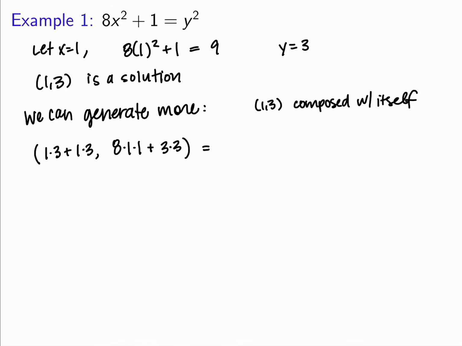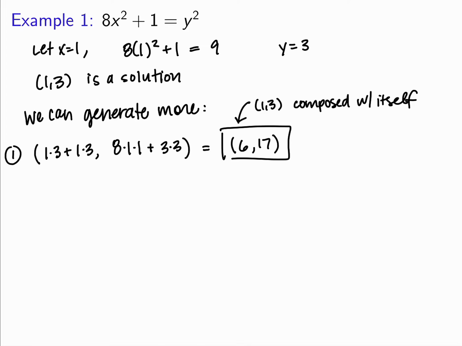So we can clean that up. What do we get? 3 plus 3 is 6, comma 17. So 6, 17 is also a solution. And I can generate more. I can compose 6, 17 with itself. I can compose 1, 3 with 6, 17. I can generate as many as I want now that I have a solution. So there's one more solution.